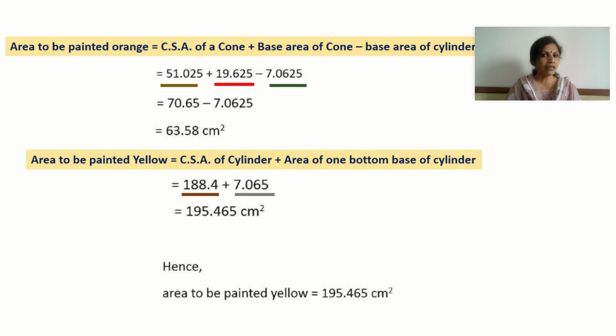If you add this, your answer is 195.465 centimeter square. So area to be painted yellow is 195.465 centimeter square. Alright, so pretty lengthy sum but not very difficult to solve.